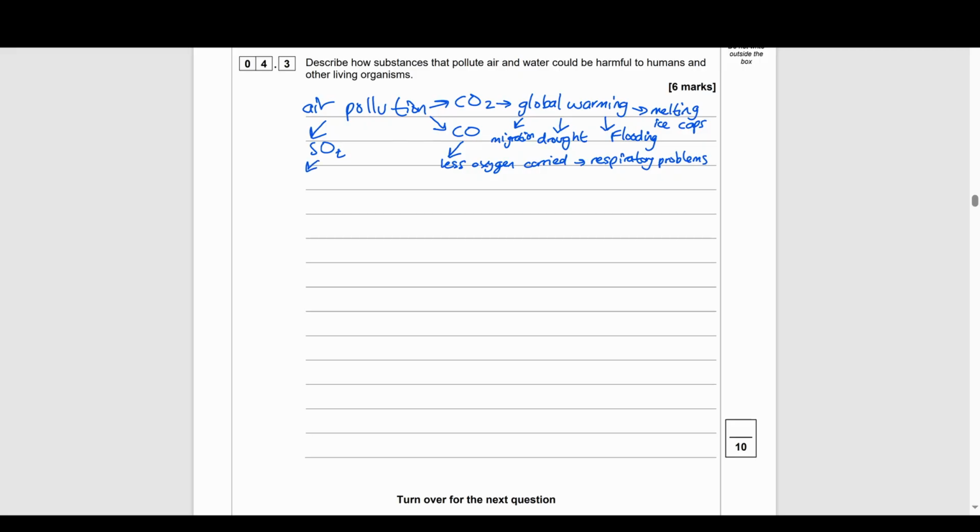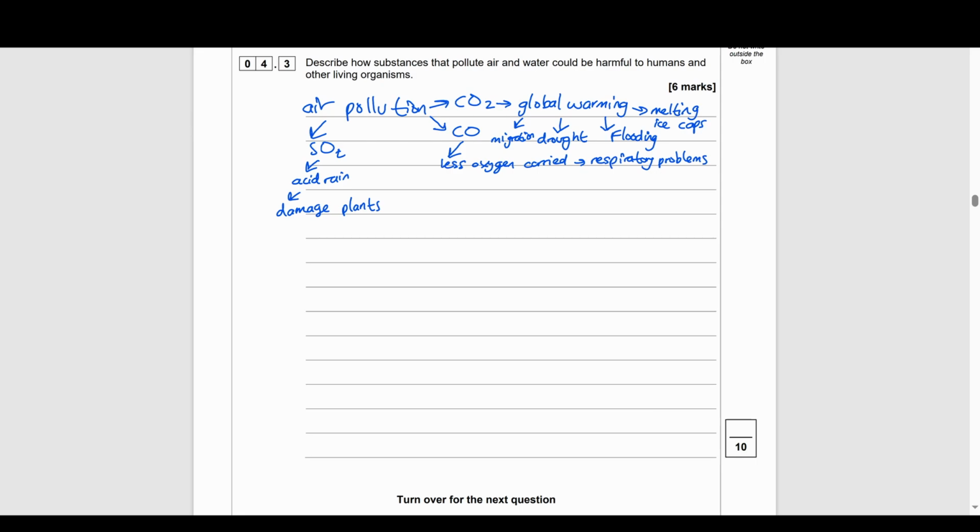Sulfur dioxide. Well, we know that that can lead to acid rain. But what is the problem with acid rain now? That is going to damage plants.